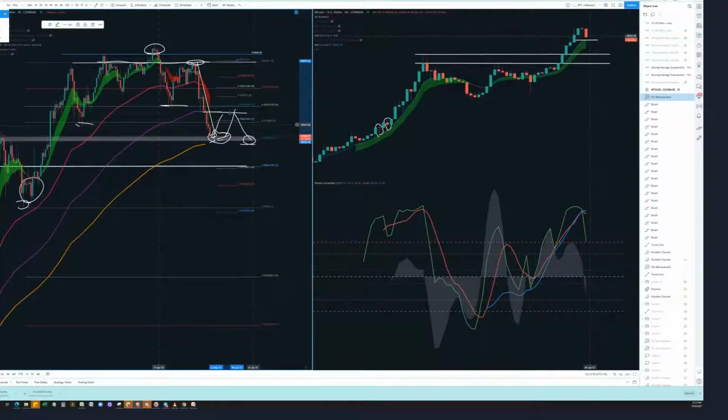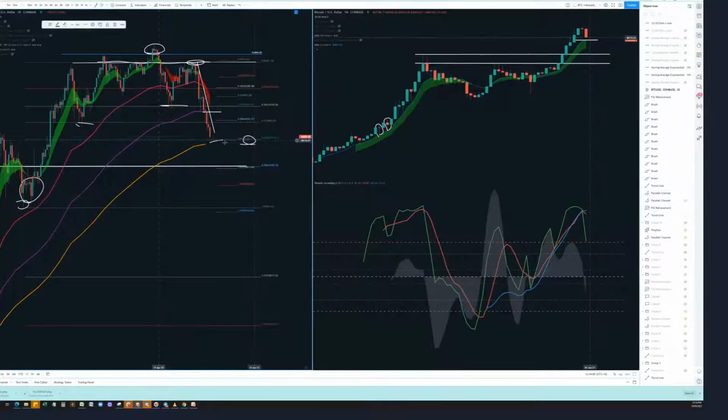So this might have to go a bit lower, potentially. Let's just clear this up a bit. So going for this scenario where this is likely to be support, I'm going to use my fib measurements.